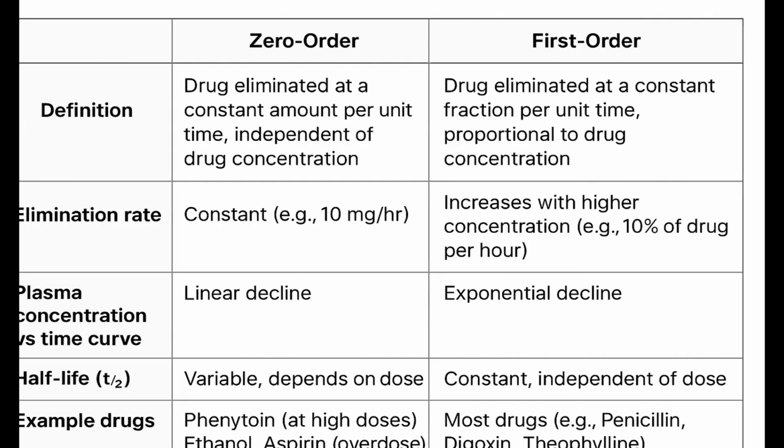Why is the switch from first to zero order so clinically hazardous? Because the therapeutic window for phenytoin is narrow. Imagine a patient is stable on a dose where the enzymes are just about keeping up, operating near their maximum capacity, Vmax. If you increase the dose, even slightly, the system gets overwhelmed totally, it tips over from first order, where a dose increase leads to a proportional rise in concentration, into zero order.